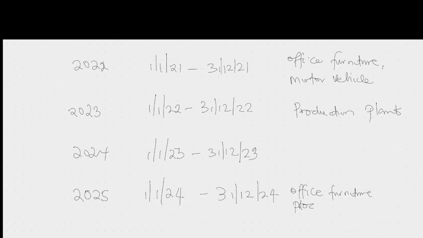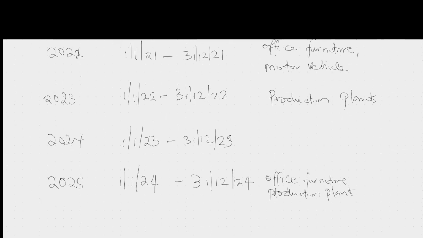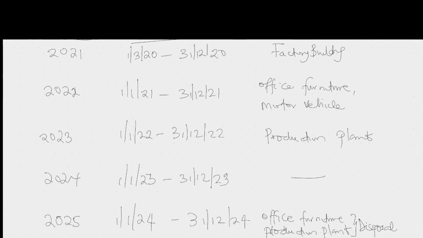Okay, so these two were disposed. There was nothing that happened in the 2024 tax year. So that is that. Now we know where to introduce the assets for the purpose of capital allowance.